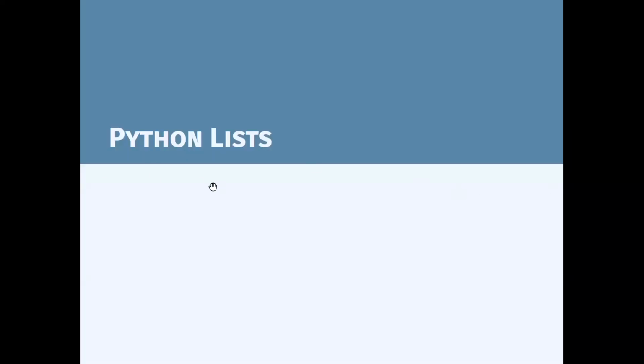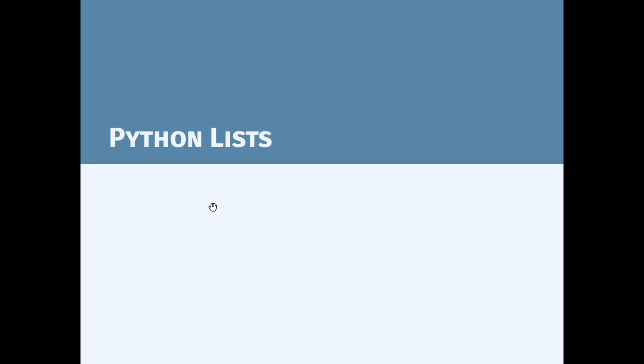So in this part we are going to look at Python lists. Now, when you have several things you want to manipulate, or you want to keep several items under a single name, which is very useful, which you will see, we have to use Python lists.